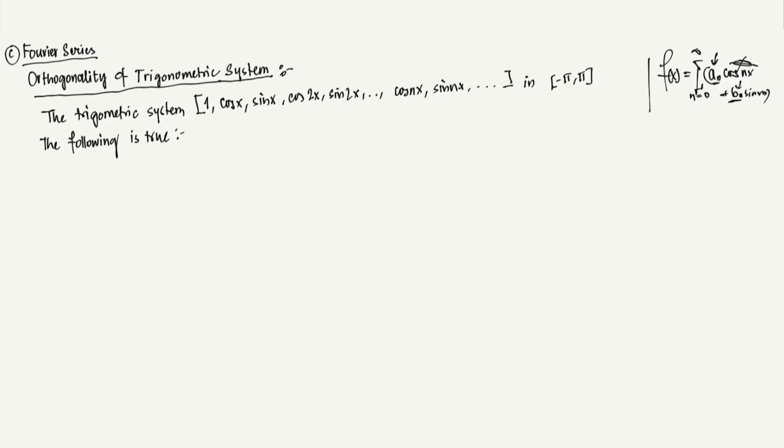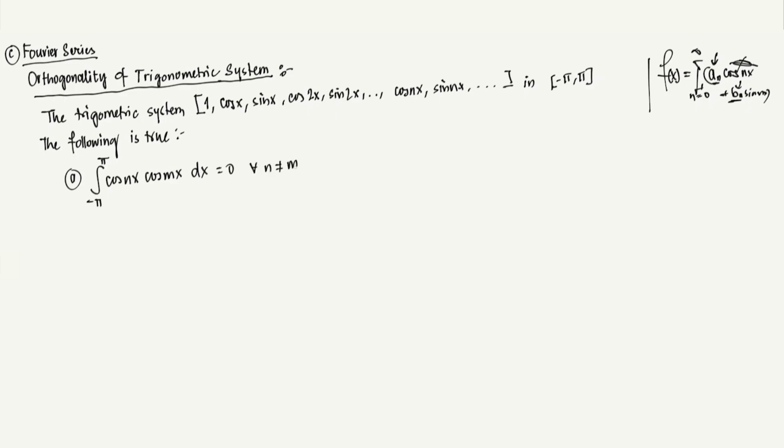The first thing is this: if you integrate cosine nx times cosine mx dx, that is going to give us 0 for all n not equal to m.